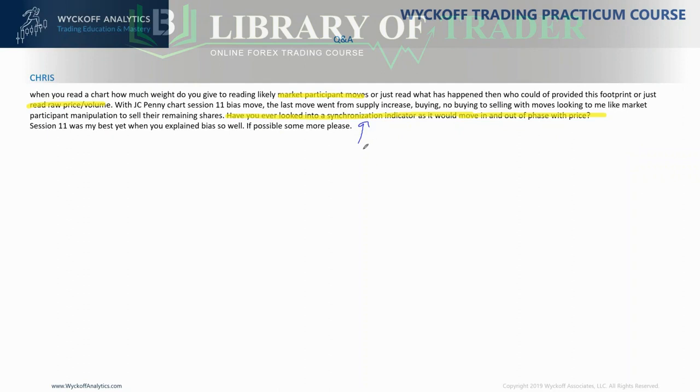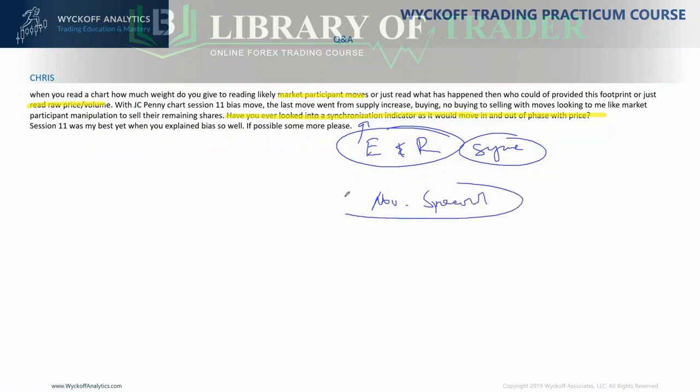Synchronization. So synchronization between effort and the result. And we've talked about this. We did a couple of bias games where we tried to find that, synchronization between effort and the result. I thought that was very successful and you guys really liked it. So then we took this one step further, and in the November special, I've shown you how to measure the ease of movement.